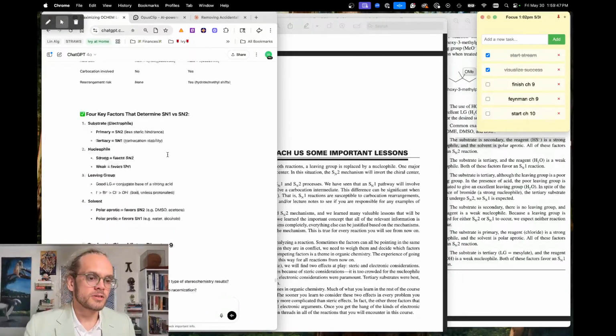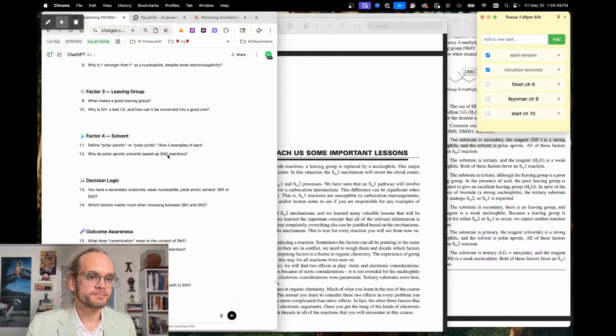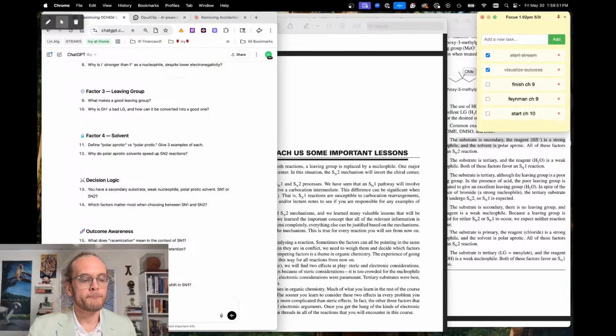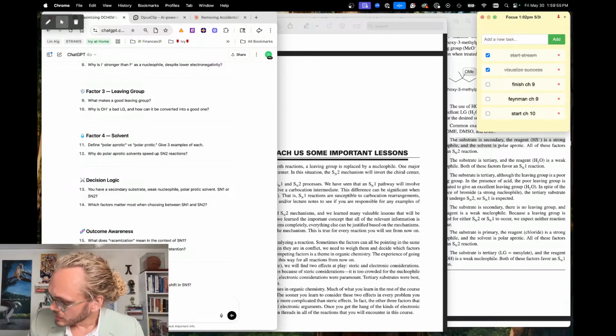Stereochemical outcomes. Oh gosh. Here we are. Number 9, what makes a good leaving group? A good leaving group is something that has a strong conjugate acid.